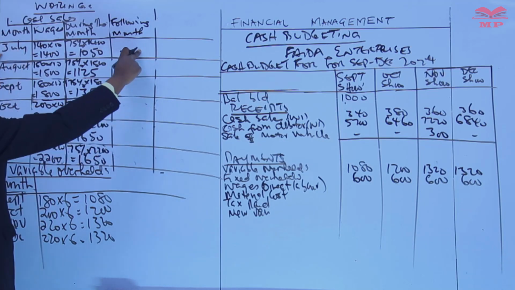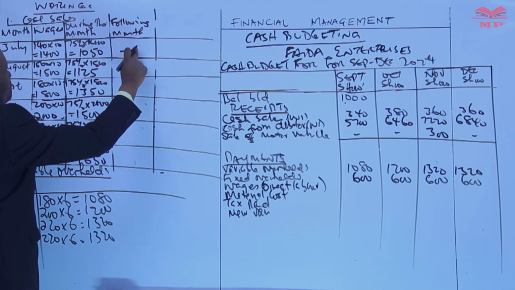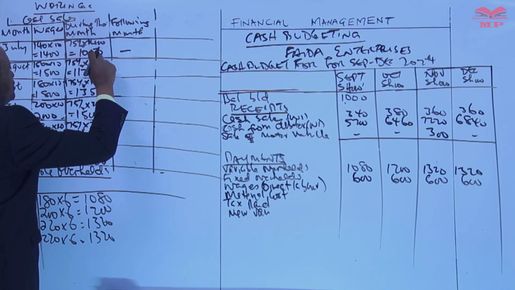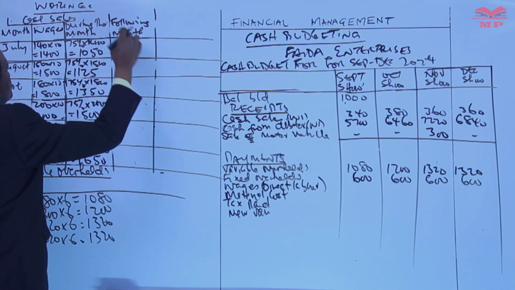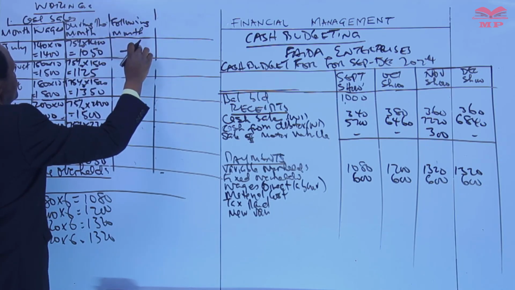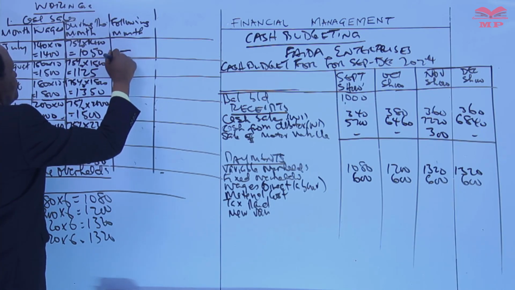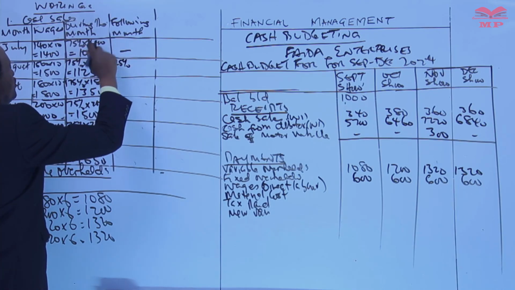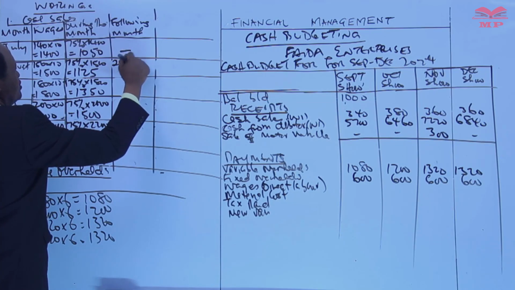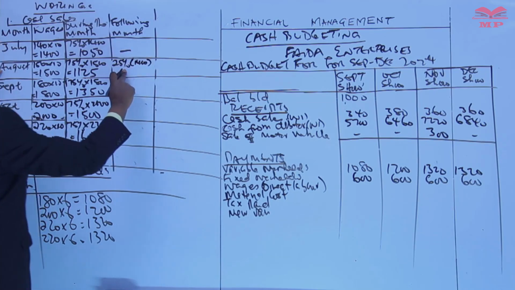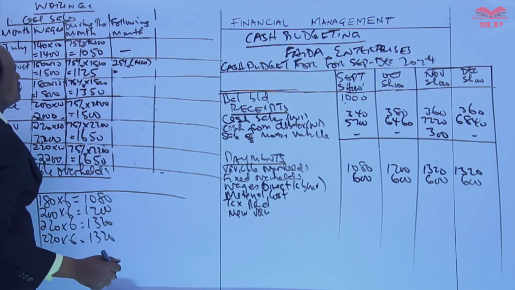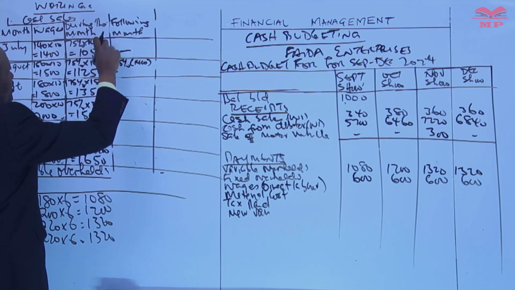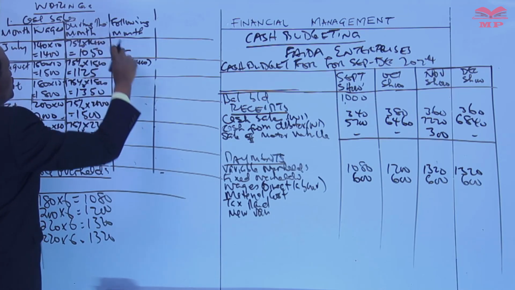It was not paid, because it was to be paid in the following month. But the 25% of 1400 was paid in the following month, that is August. Do you see that? The remaining amount in July was paid in August.